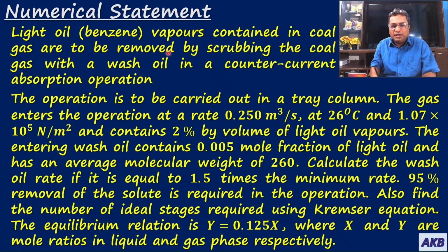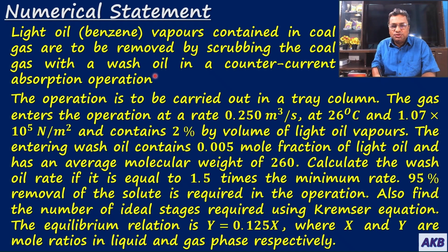So you have a coal gas that is containing benzene vapors in it. Benzene is being called light oil in this case, and the objective is to remove benzene vapors by scrubbing the coal gas with a wash oil.